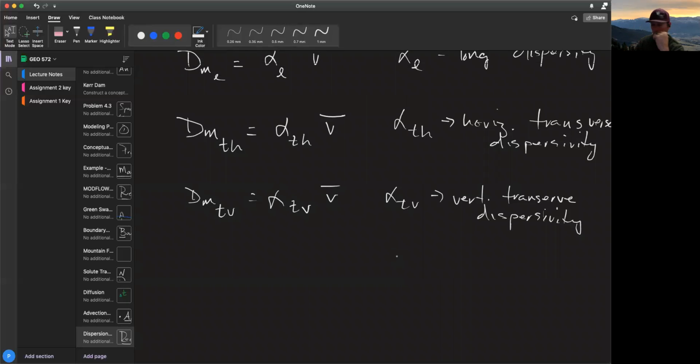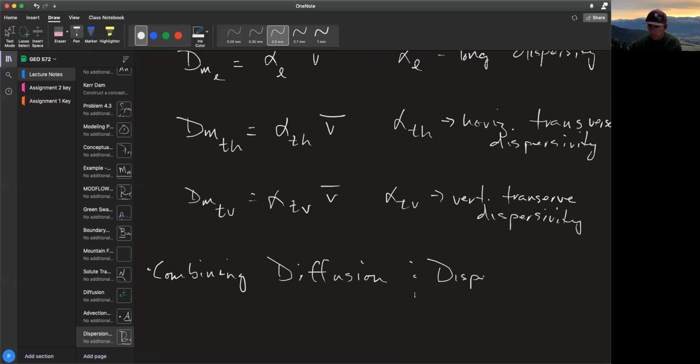Mechanical dispersion is due to the random velocity variations. If we assume a normal distribution, it's Fickian. So now we're going to talk about combining diffusion and dispersion.